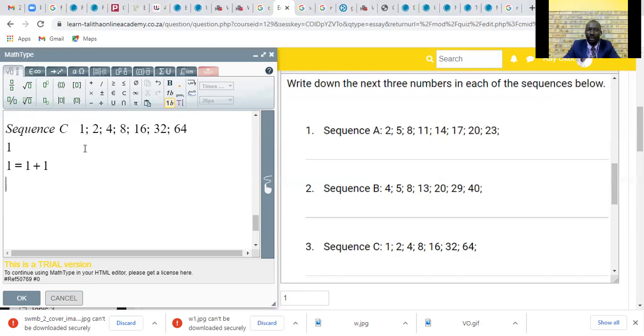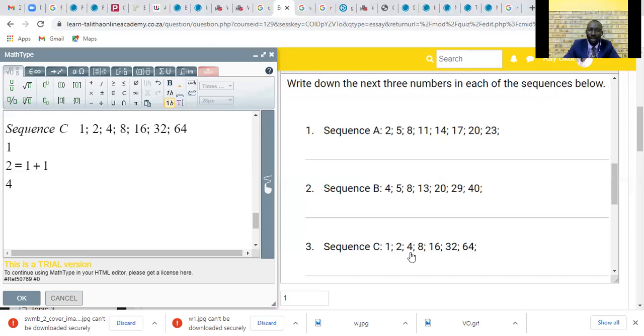Now, to get the second term, we already have the second term here, which is the result of adding 1 to the first term. Now, let's look at the third term, the term which comes after the second term. What's the third term? The third term is 4.